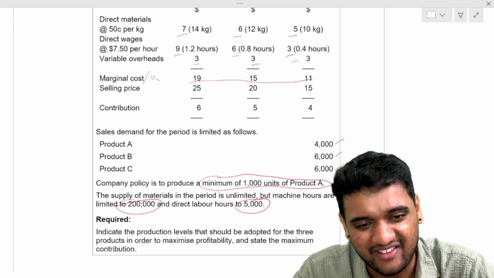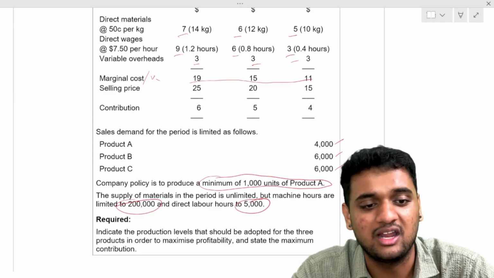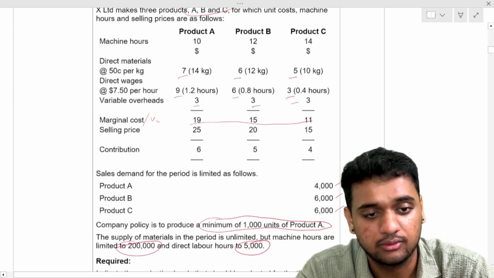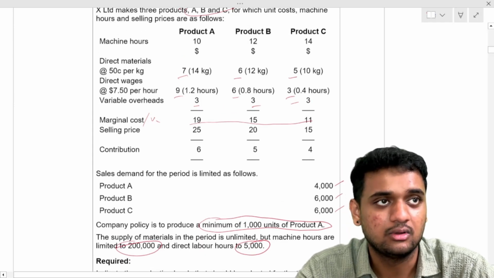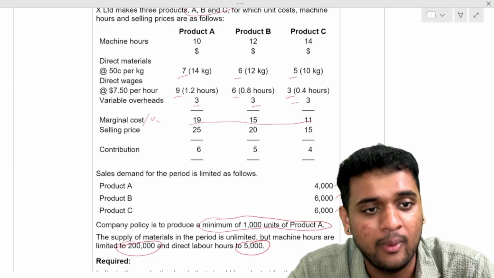First, we have to see whether it is a limiting factor or not in the first place. Total machine hours available is 2 lakh. How much is required? We will see how many machine hours are required.